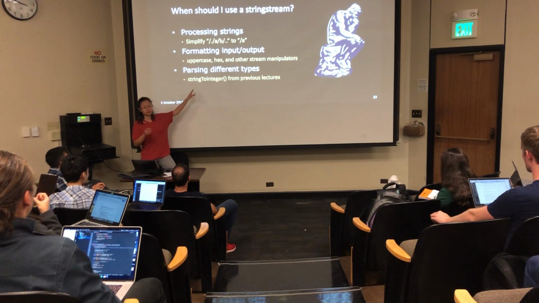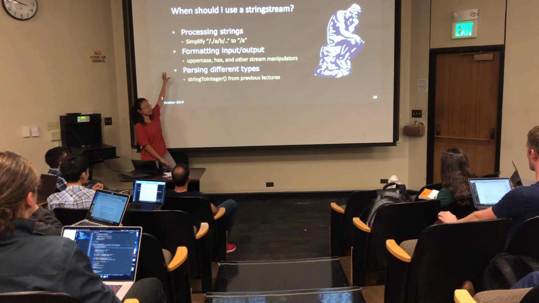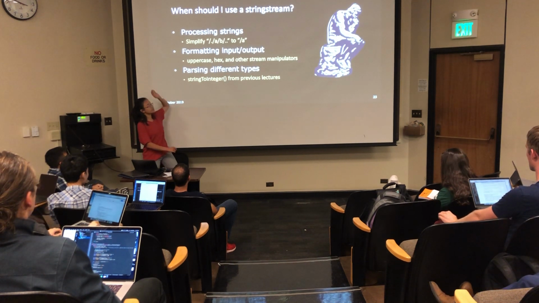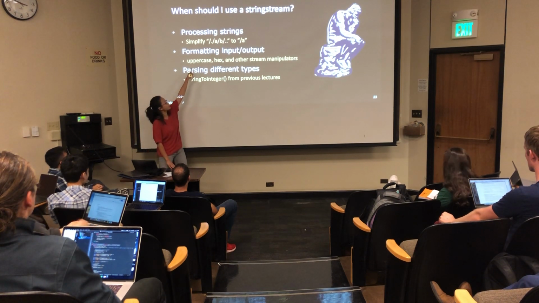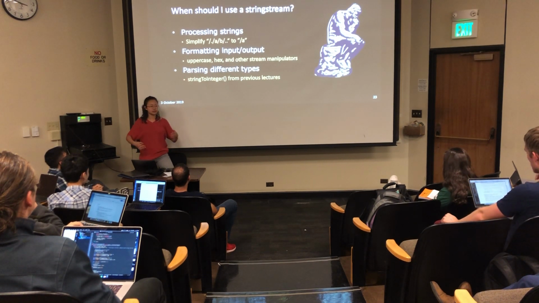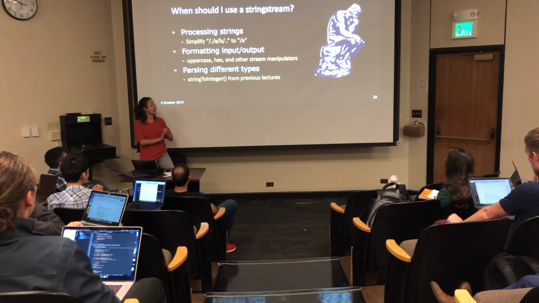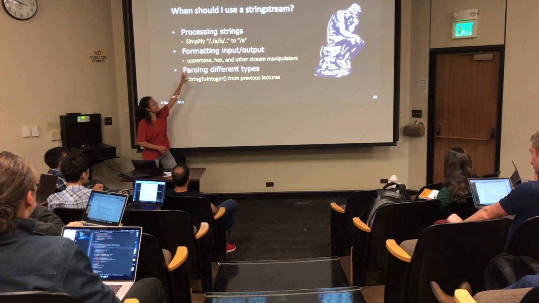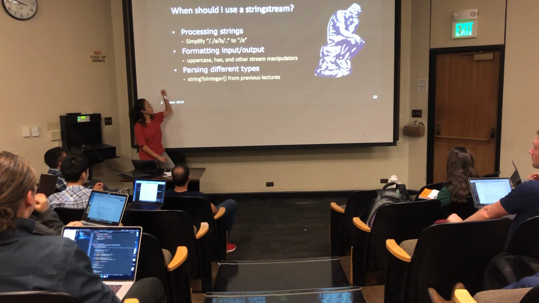Some things that a stream is good for, these 3 applications in particular: say you want to process strings in your code, for example a path in your file directory. No worries if you're not familiar with it right now. You'll see it soon in 107 or even 106X or B, I believe. If you want to simplify that to a shorter version, for example, formatting input and output streams.